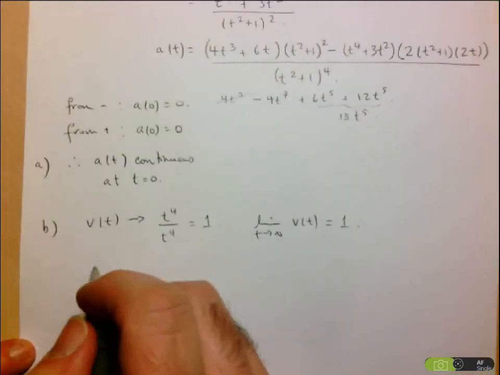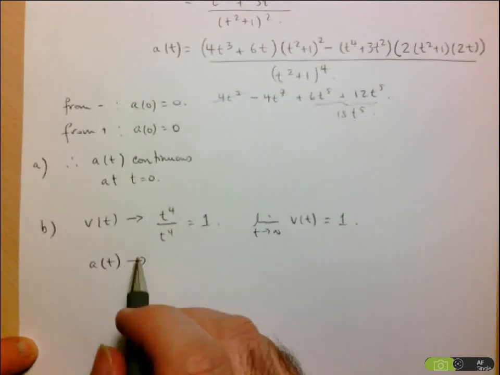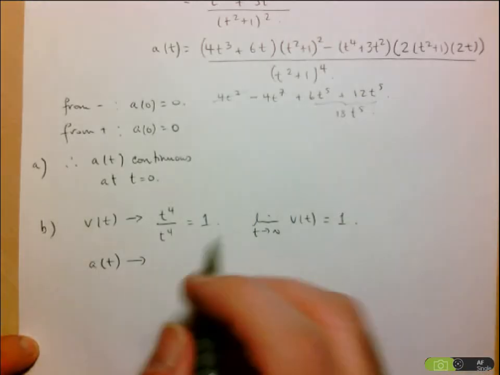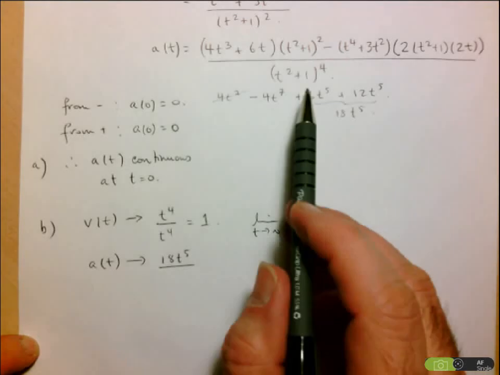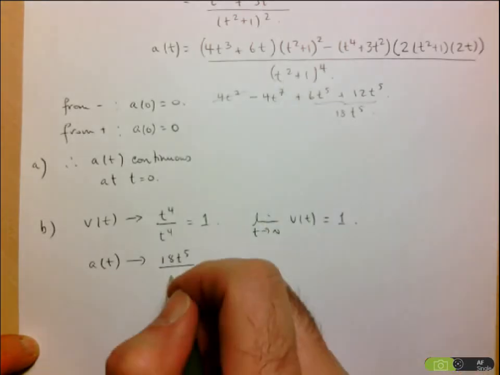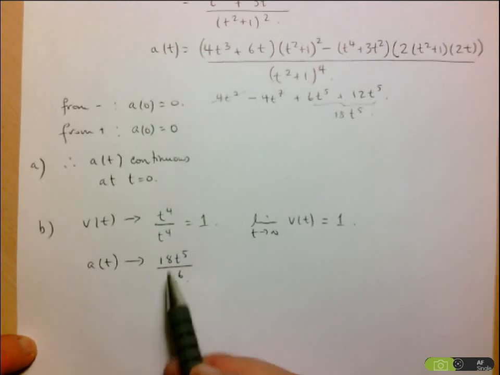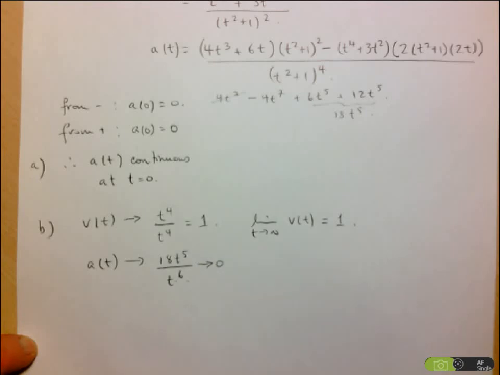So when we look at the acceleration, we see that as t gets very, very large, the dominant term in the numerator is 18t to the 5th, and the dominant term in the denominator is t to the 6th. So since the denominator has a higher degree than the numerator, this has to be approaching 0.